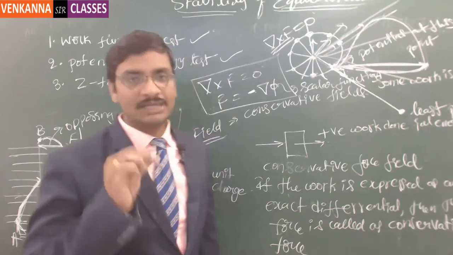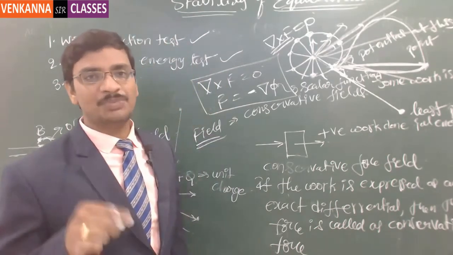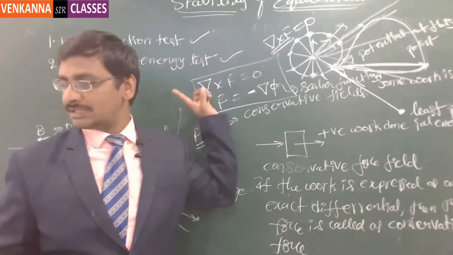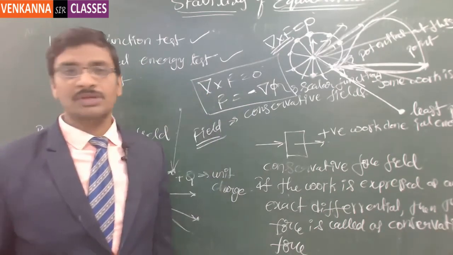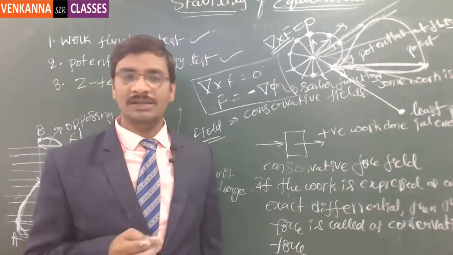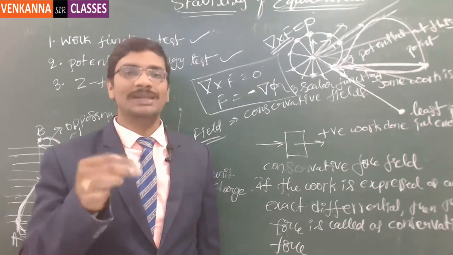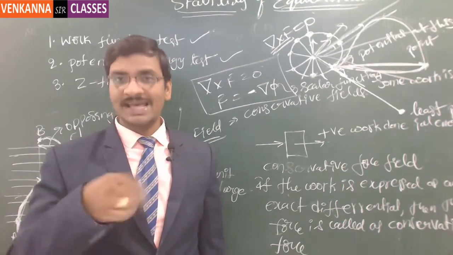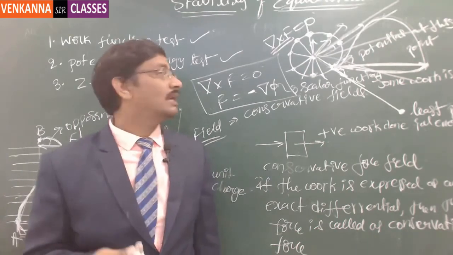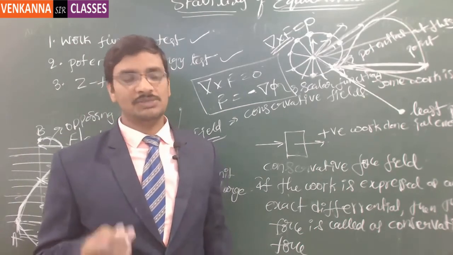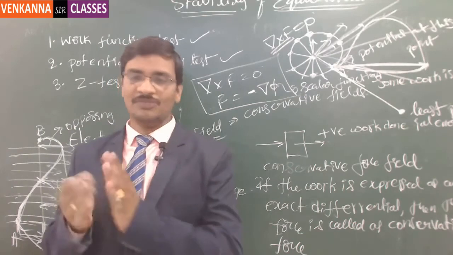Now that important understanding of the least potential energy concept is applicable even to the stability of equilibrium. So the equilibrium is stable if the potential energy by all the forces together comes out to be least. Exactly as the work function and potential energy theory says, whatever work you do will be stored in the form of energy.